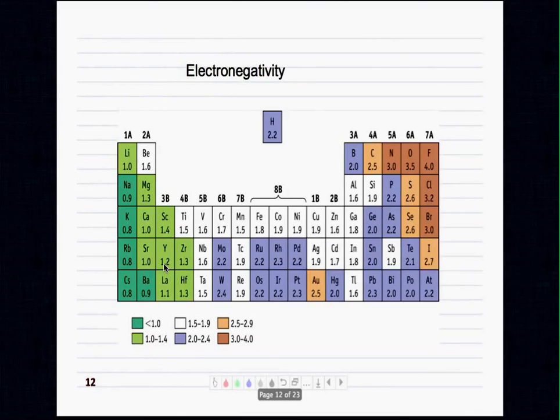So let's say I have A and B, and this bond is covalent. Let's say we're talking about the electronegativity of B. If B is more electronegative than A, it's going to attract the electrons more toward it.